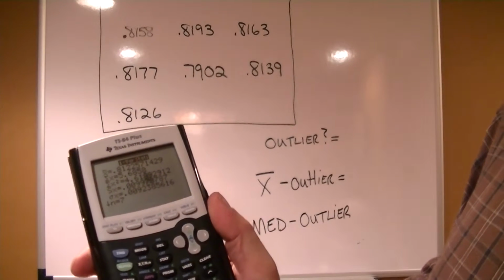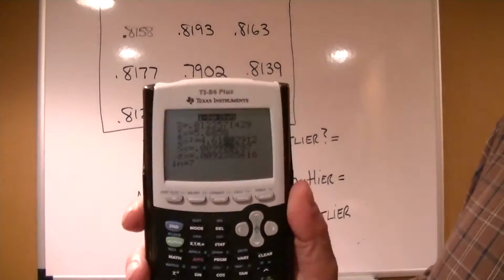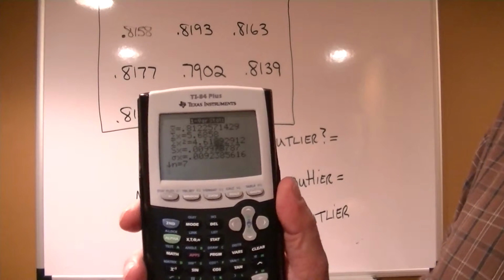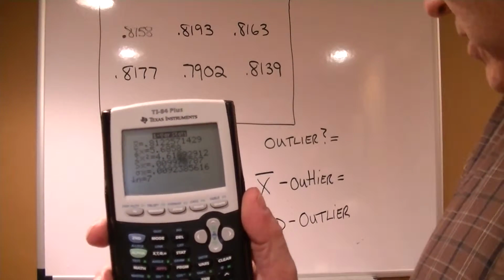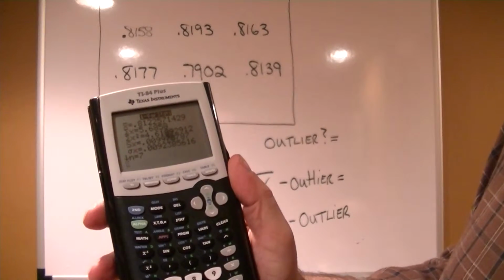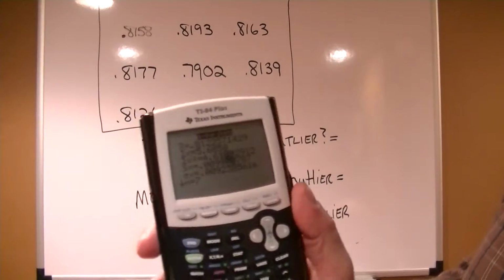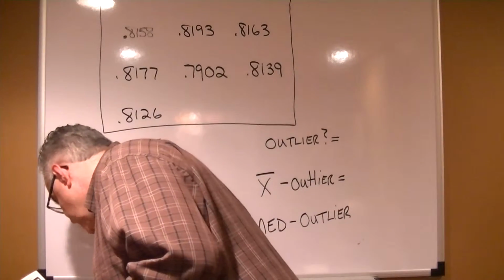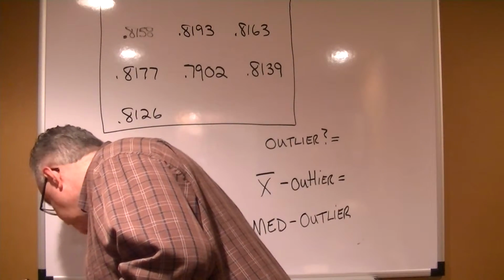And here are my values. So I got X bar, and there's your decimal number, rounded to the proper column, whatever they're asking for. Here's the X bar, and they want us to round it to the 4th decimal place.